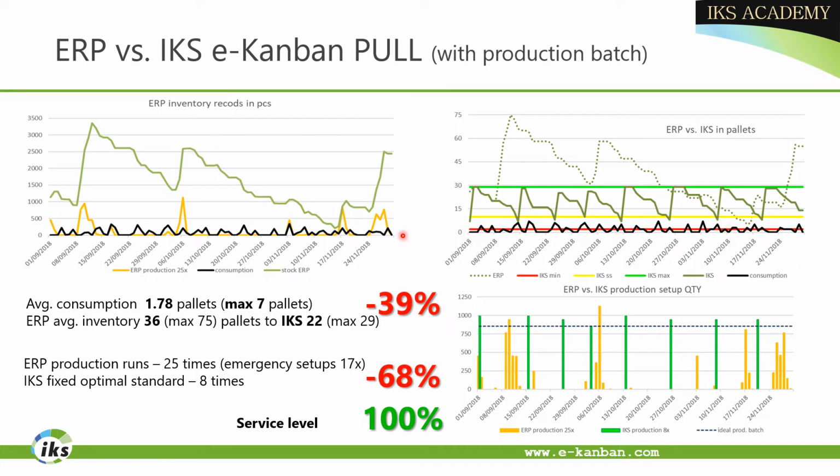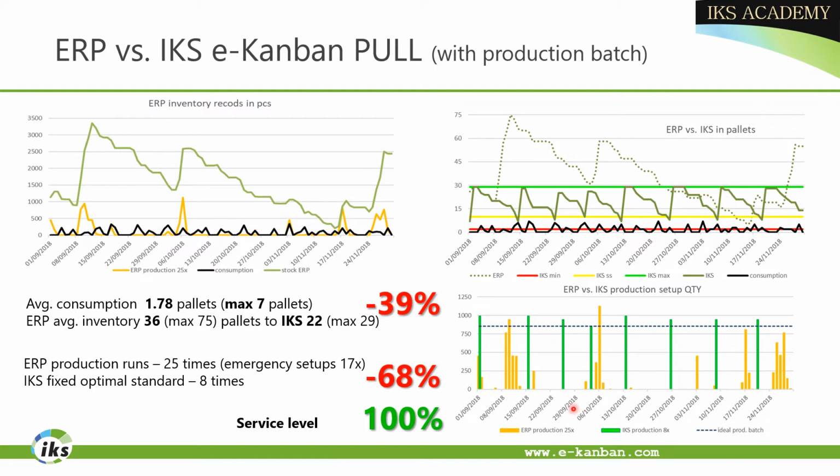In this example you see that we did not change anything on the customer side. We did not push the consuming side into the process, but we were stabilizing the production, and we were stabilizing the amount of inventory that we were keeping on the shelves.